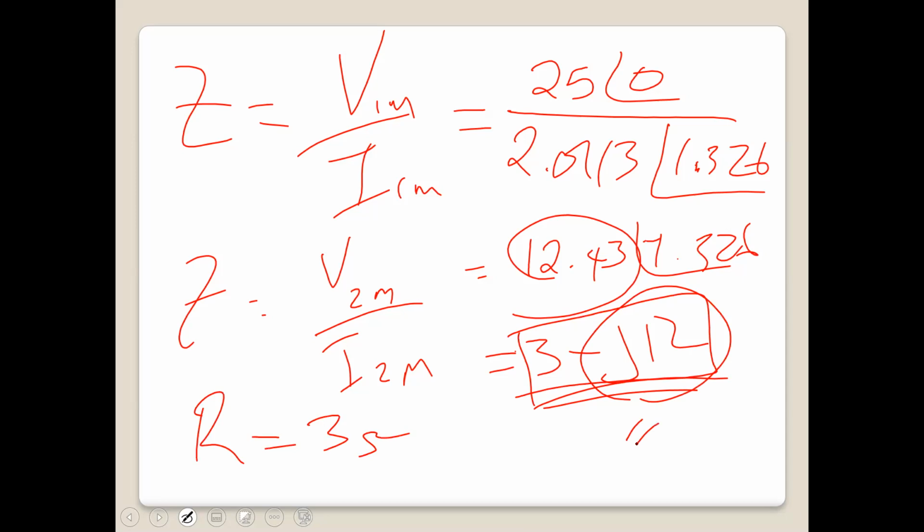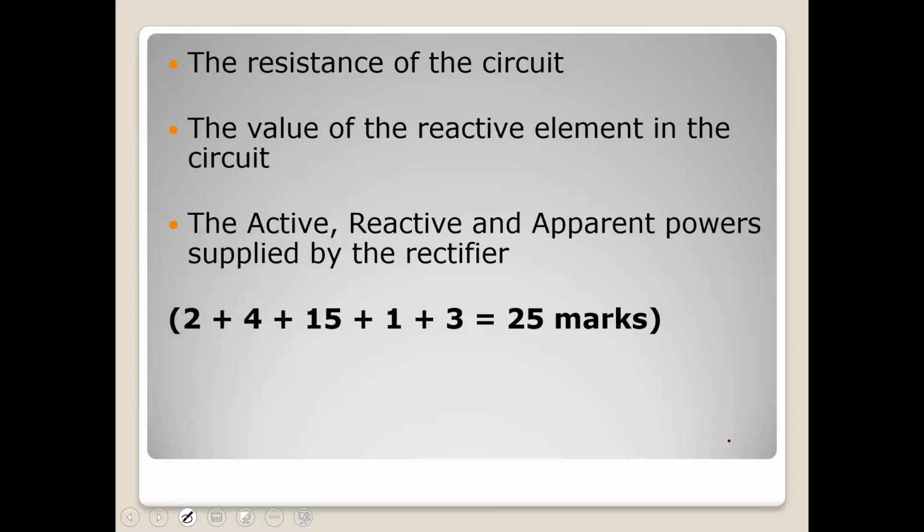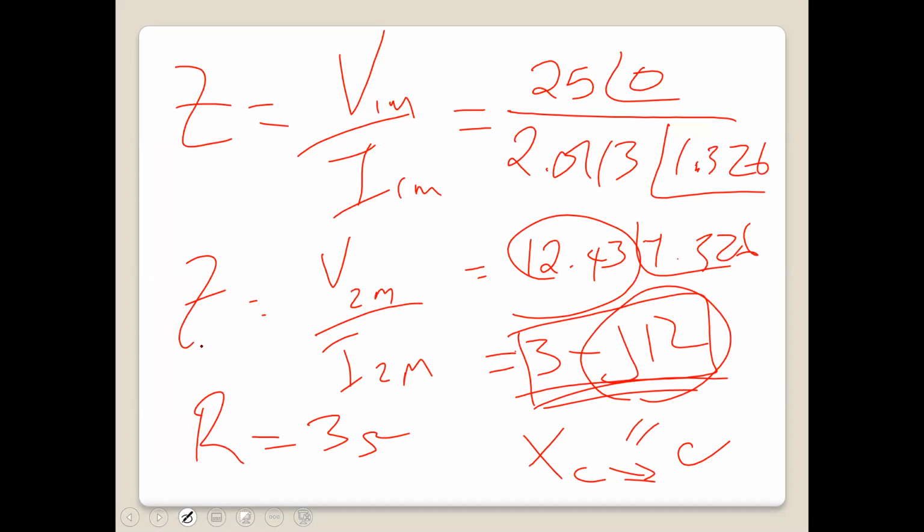So from the minus you know it is capacitive, so this would be XC, and from that you can find C. That's the second part. Did I lose anybody? So we would have found this and that in one go. So you get 6 marks already, and this is all you have done.